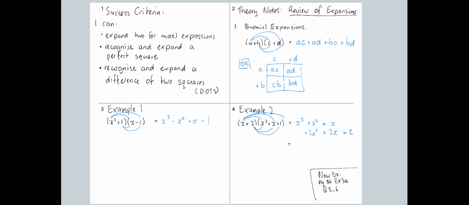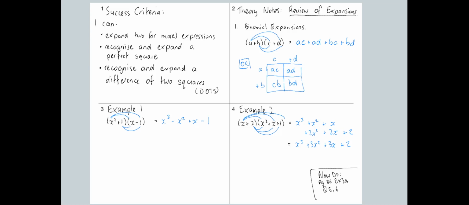And that means you can column add because they're like terms. So I can just go down the column. x cubed is x cubed, x squared plus 2x squared is 3x squared, x plus 2x is 3x, and then I've got a plus 2 at the bottom, and there's my expansion done.